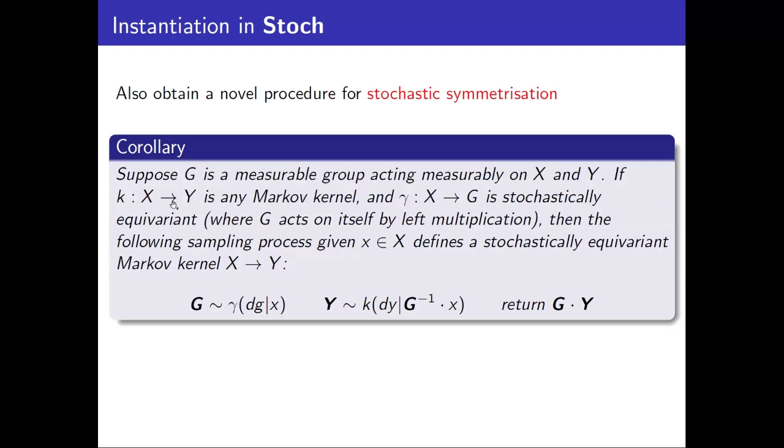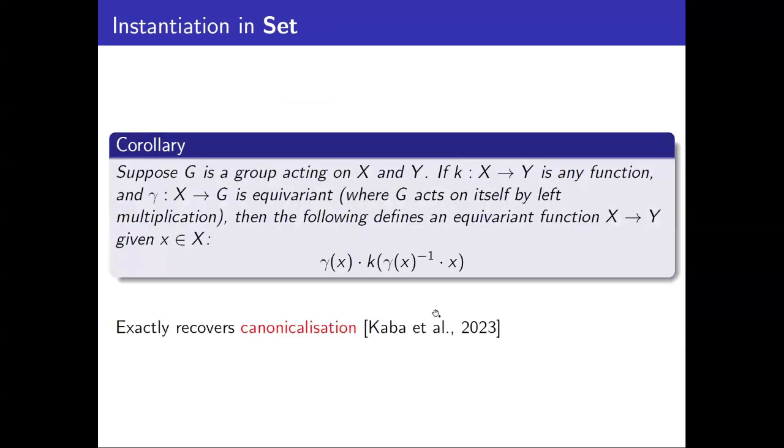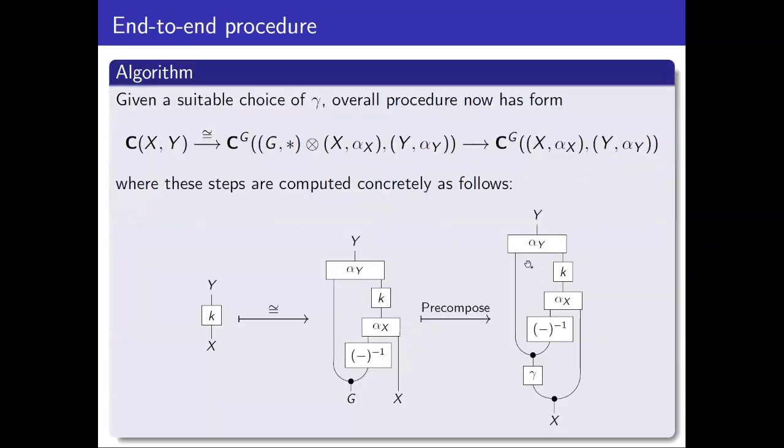And if you have any Markov kernel and any stochastically equivariant gamma, where G acts on itself by left multiplication, then the following sampling process here defines a stochastically equivariant Markov kernel from X to Y. So you first of all take your X, sample your G, plug it in. Sorry to go back, I know it's a bad thing to do in a talk. It's basically just reading off the sampling process here.